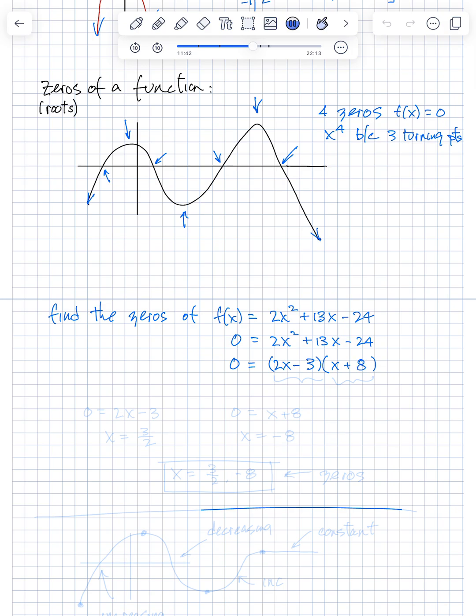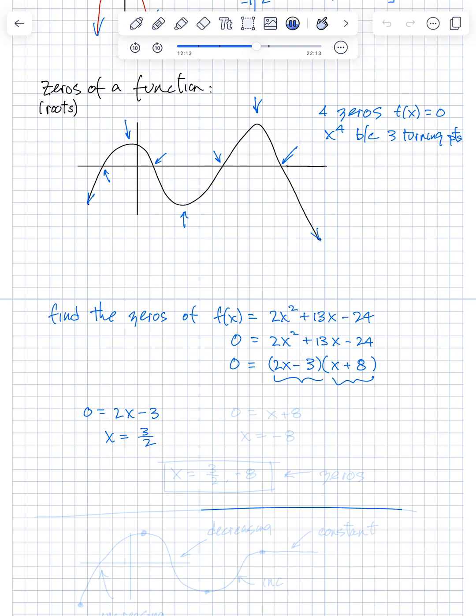Now, when you factor something, you always want to go back and multiply it out, FOIL it out, and make sure you get the original, because it's easy to make mistakes here. So now we separate these. They are both equal to 0, so we say 0 equals 2x minus 3. Solve for x: x equals 3/2.